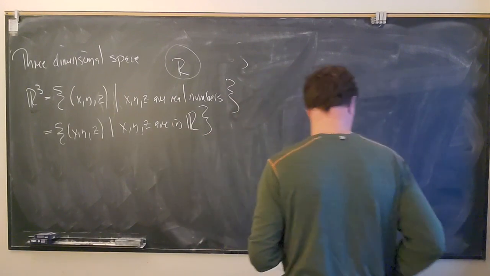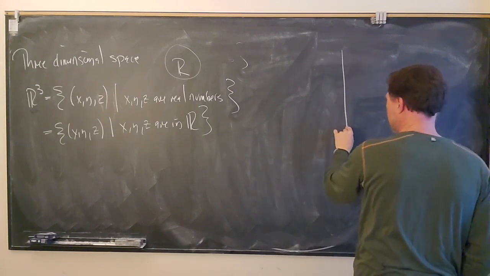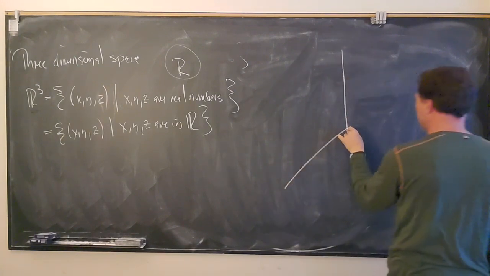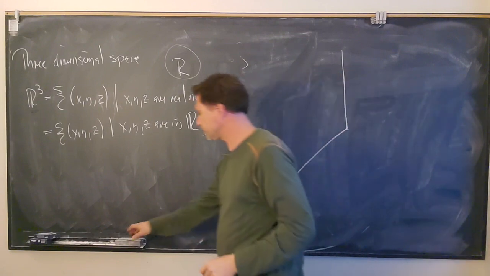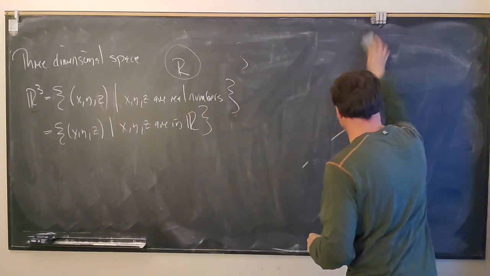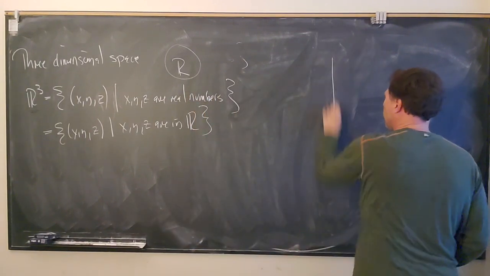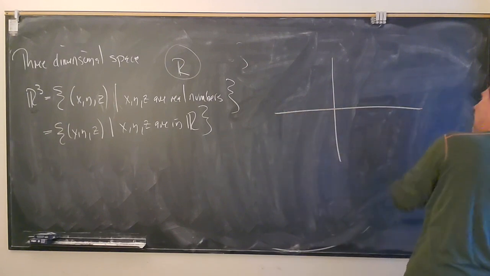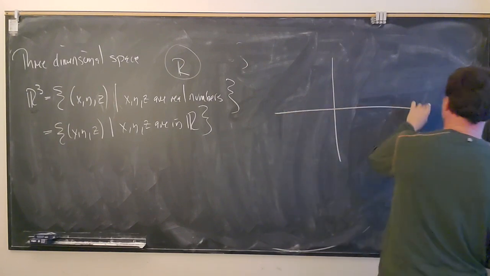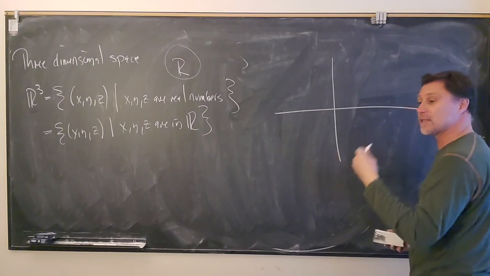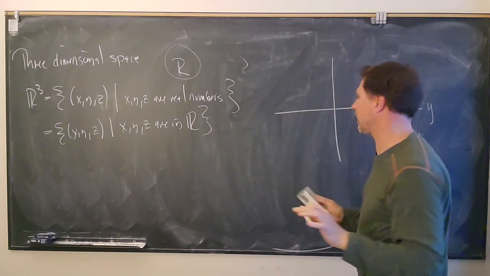The picture of three-dimensional space, well, it's going to be kind of hard to draw on a two-dimensional object, right? So we've got to somehow come up with a way to give depth. And so here's the way we do it. There's going to be an x-axis, a y-axis, and a z-axis.